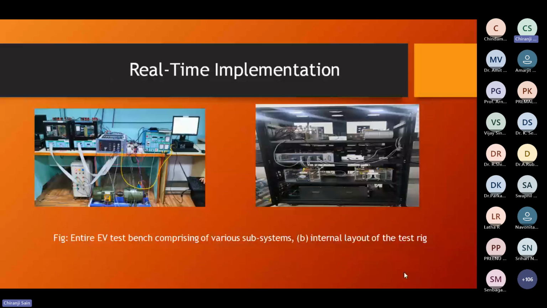Here a test bench has been shown, where you could see the real-time embedded controller, the test rig, and inside this test rig the internal layout configuration.